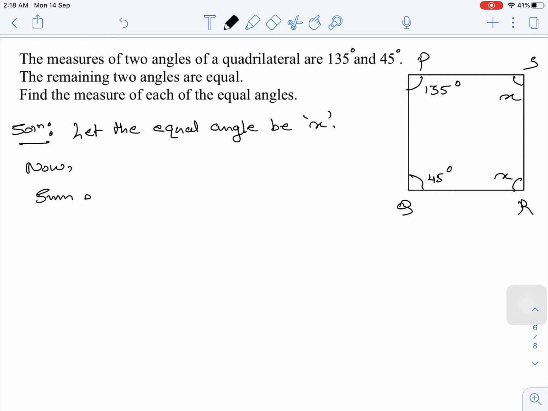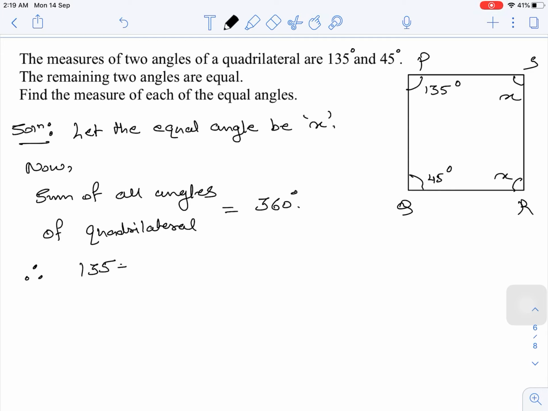The sum of all angles of a quadrilateral equals 360 degrees. Our first angle is 135 degrees, second angle 45, third angle x, and fourth angle also x. Therefore 135 plus 45 plus x plus x equals 360 degrees.